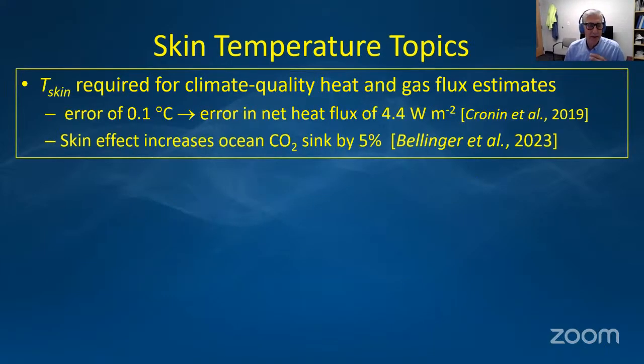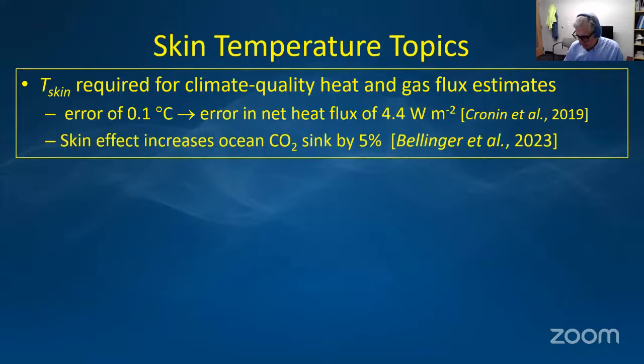I'd like to suggest 3 timely topics to start our discussion with. One is that accurate skin temperature measurements are required for climate quality heat and gas flux estimates. Jamie Schottler's talk will touch on some of this, especially the very recent findings that the skin temperature has an important effect on the CO2 carbon sink.